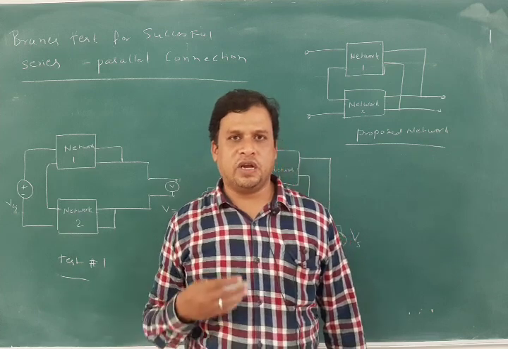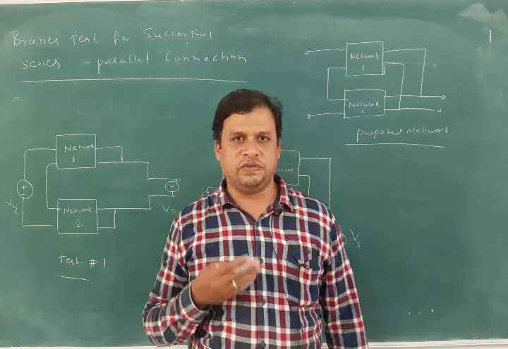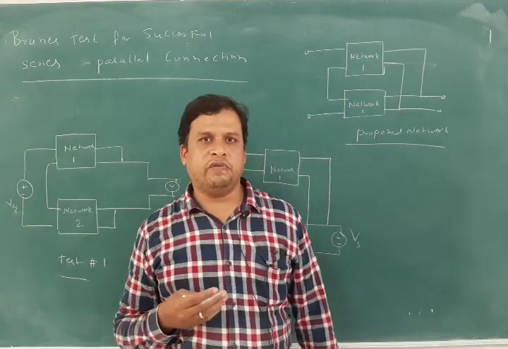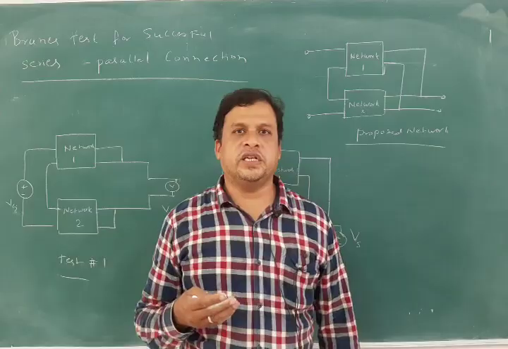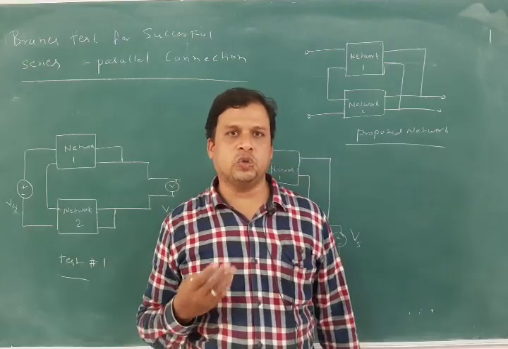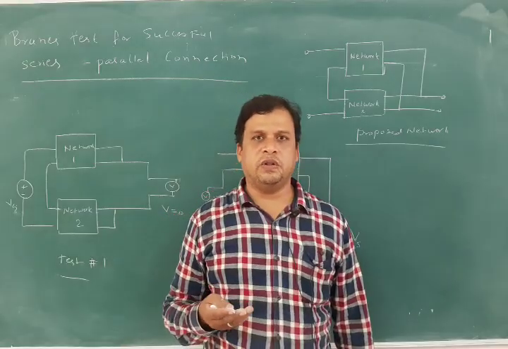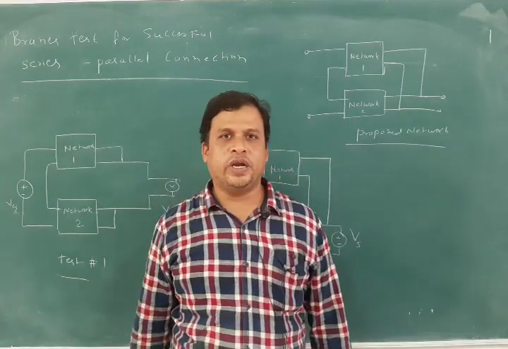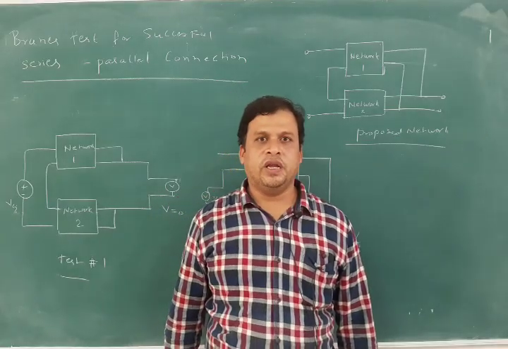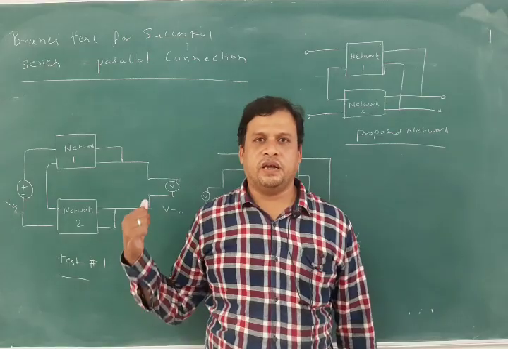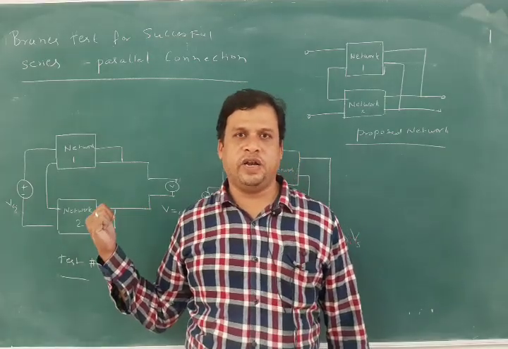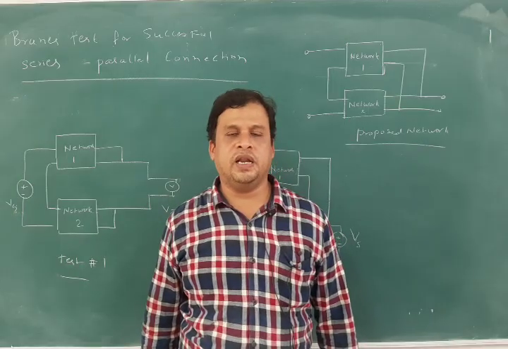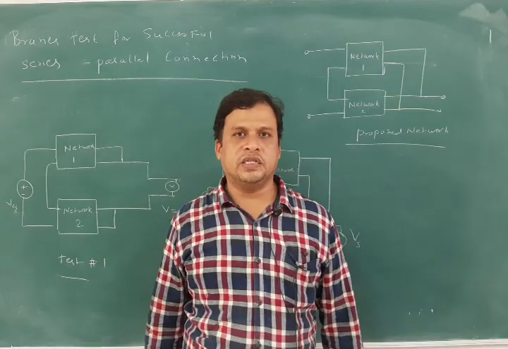Whenever we combine these two port networks, we should test with the Brune's test for compatibility, or we can say eligibility for combination, permissibility. If it is permissible, only then can we go for this combination of two port networks. So students, we will end our topic here, as we have studied the Z1, Z2, Y1 and Y2 parameter combinations like series, parallel, and parallel series.